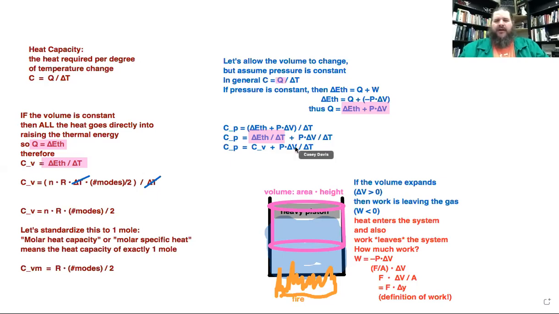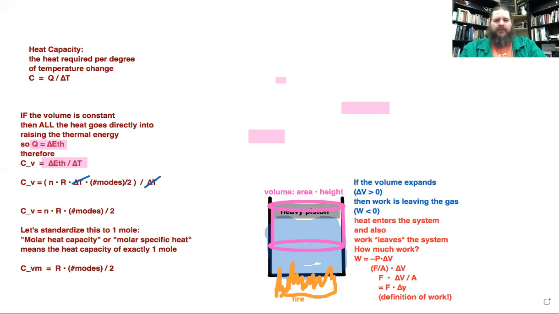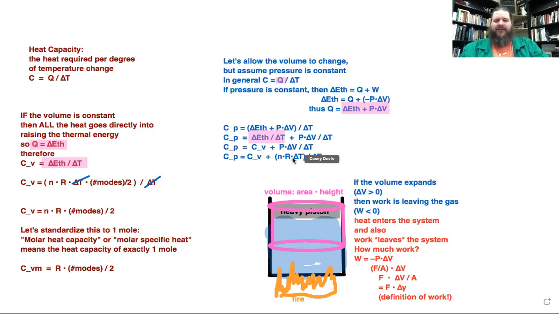And one other convenient thing we can do, we can replace P delta V with the ideal gas formula. P delta V is the same as nR delta T from the ideal gas law. And when we simplify that, what's going to happen?